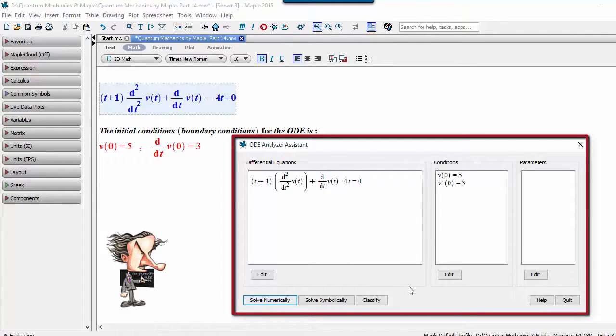After defining an ordinary differential equation, you can solve it numerically or symbolically.